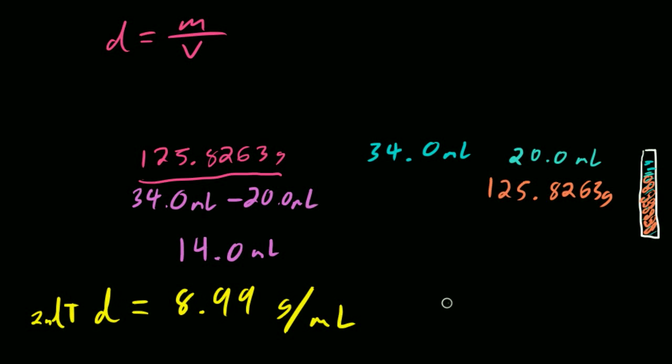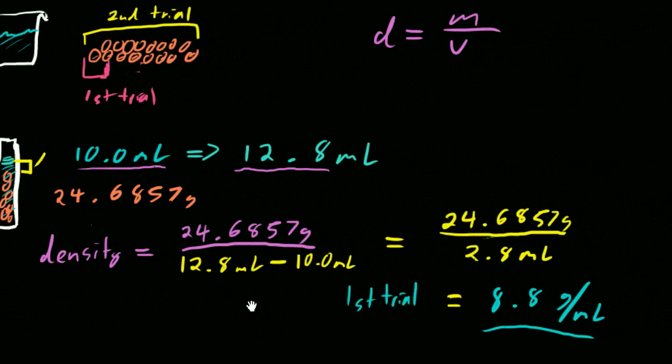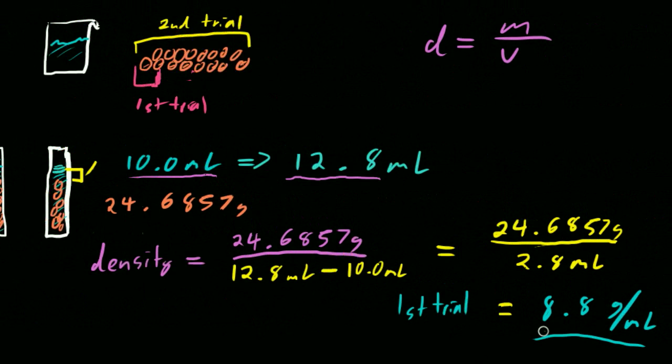That might not be, it's at least close enough. You might have different standards in your chemistry class for how close you should be getting density. And maybe in the next example, I'll do one where we get a little bit better numbers for our density.